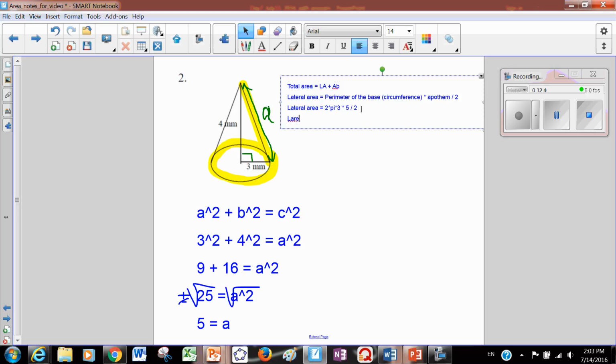So the lateral area is equal to, if we calculate 2 times pi times 3 times 5 and then divide by 2, we get 47.12.